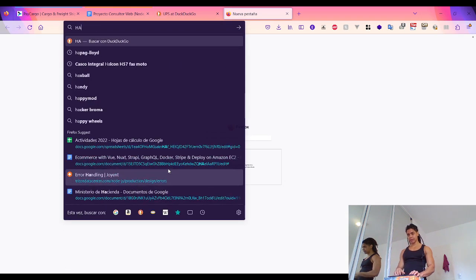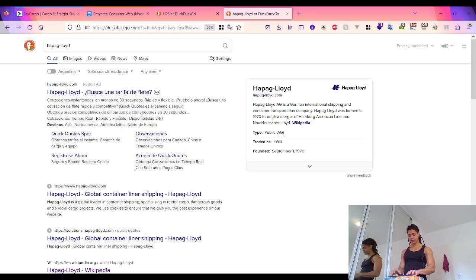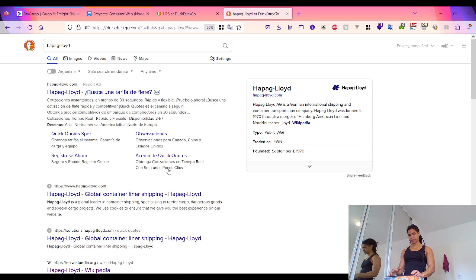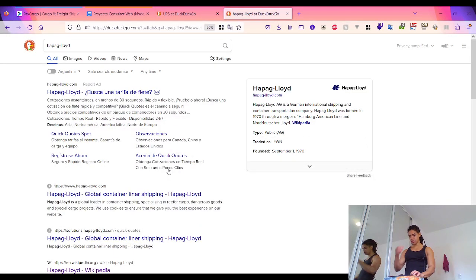UPS, Hapag Lloyd. This is our kind of business. This is the relationship of government to business, so they can provide service to this business, so they can facilitate cross-border trade, right?